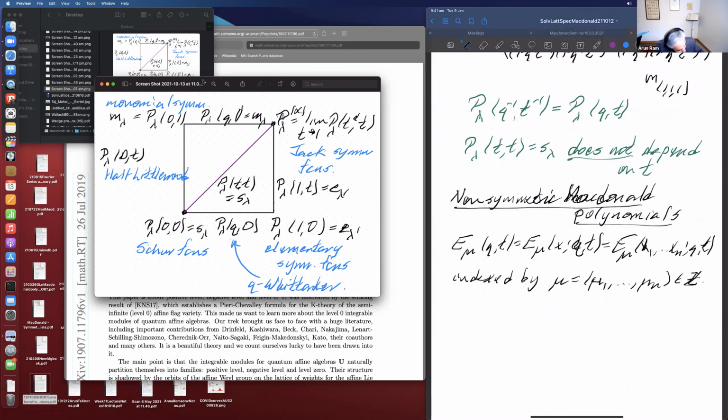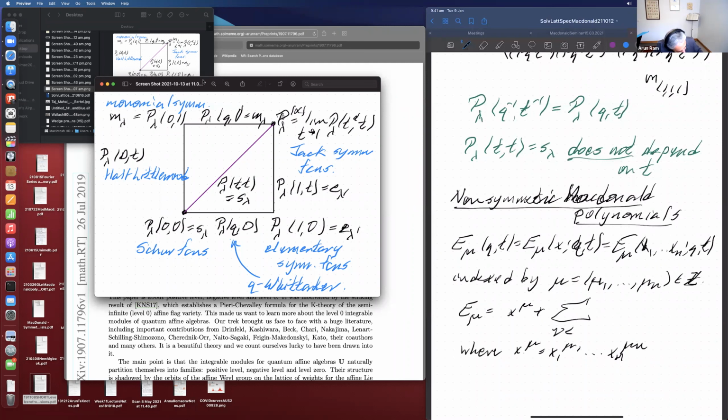And so one of the first facts about this is that these E_mu's are equal to x^mu, which for me is x1^mu1 up to xn^mun, plus some lower terms.